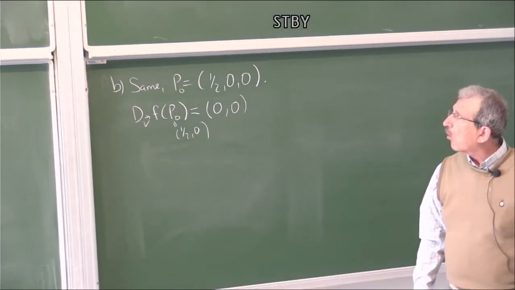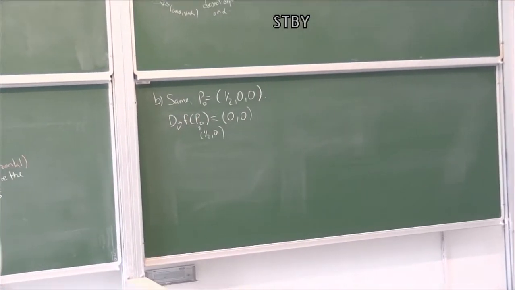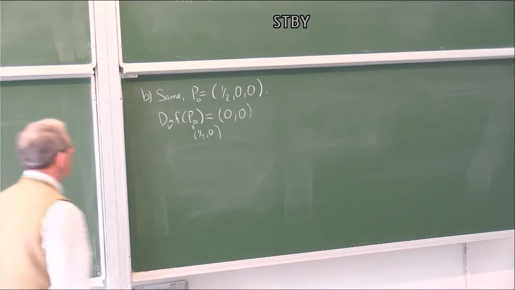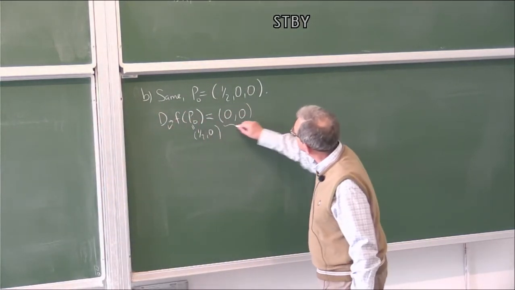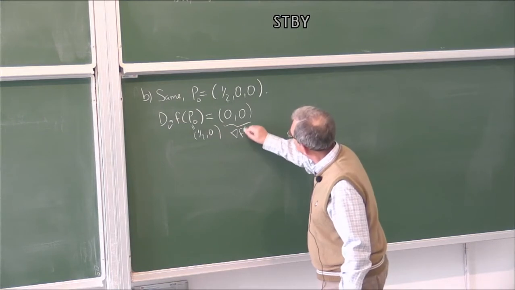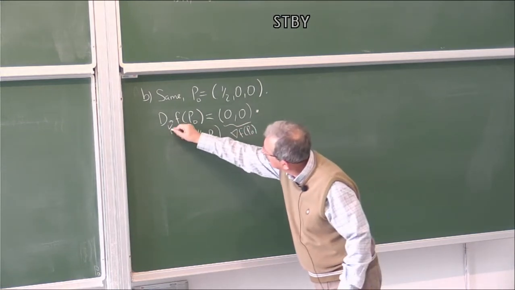Now, what does this tell us? Of course, this is the gradient of f at P0. We have to take the dot product.